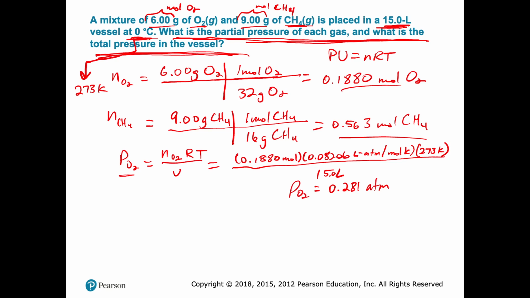So let's do the same thing again now for the partial pressure of methane. That equals the number of moles of methane times the ideal gas constant times the temperature, all divided by the volume. Same thing again, except this time we're going to use the moles from methane.